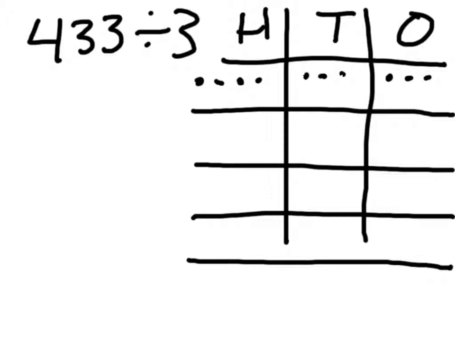Starting with the hundreds, we divide the 4 hundreds evenly amongst the 3 rows. We see that each row receives 100 and we have 100 left over. We rename the 100 as 10 tens and draw 10 additional dots in the tens column.